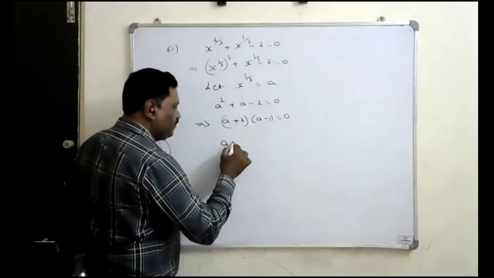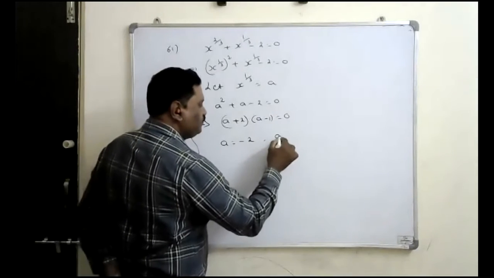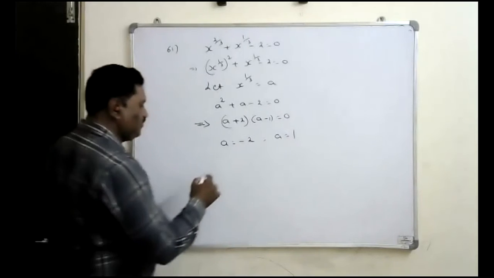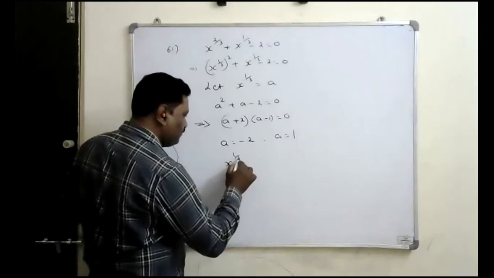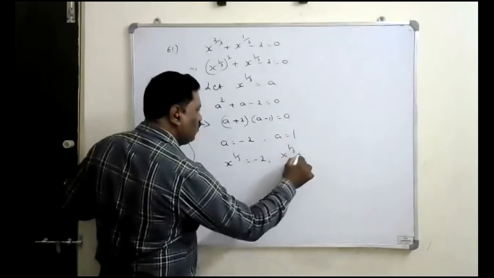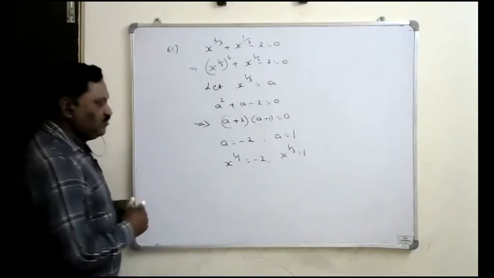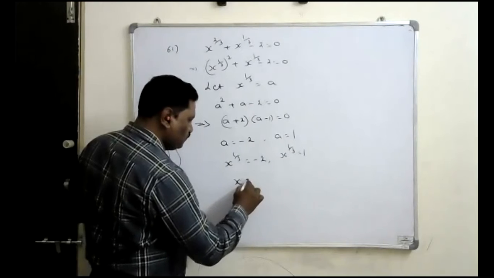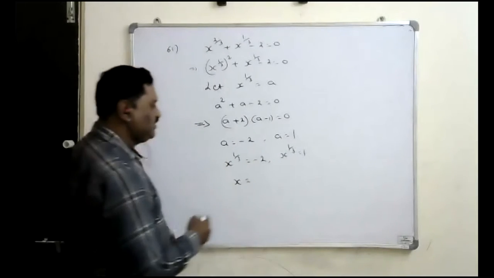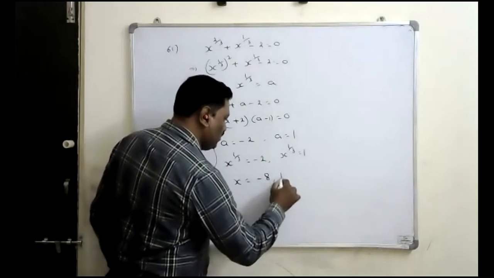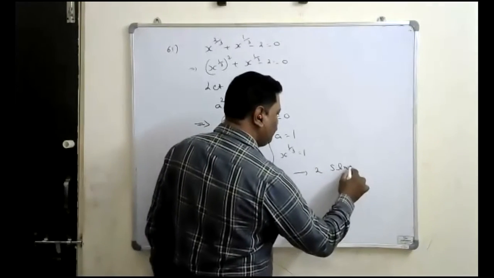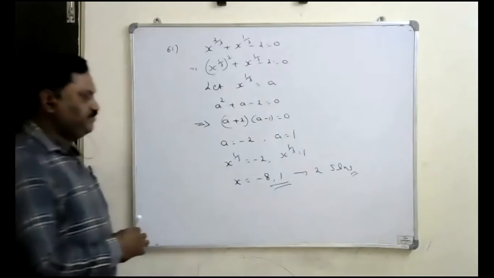Therefore, the values of a are −2 or +1. a means x^(1/3), so x^(1/3) = −2 or x^(1/3) = 1. Then the value of x is −8 and 1. Therefore, how many solutions? Two solutions are there.